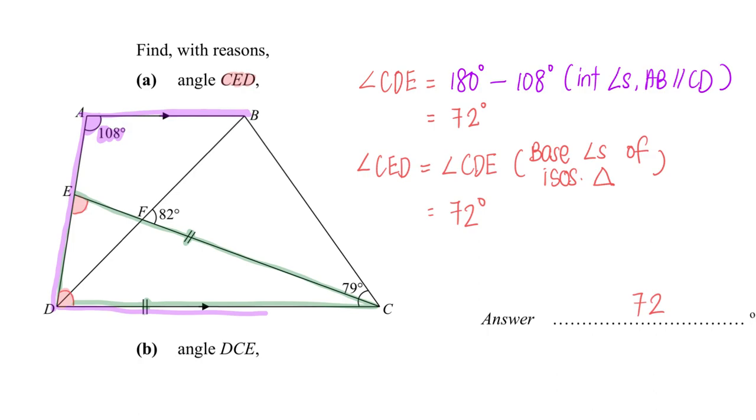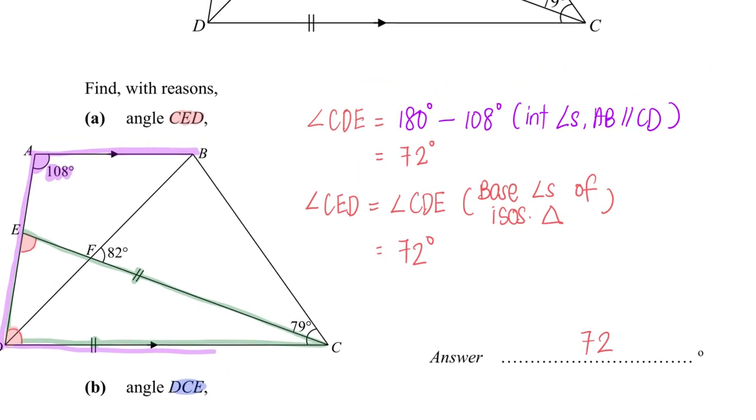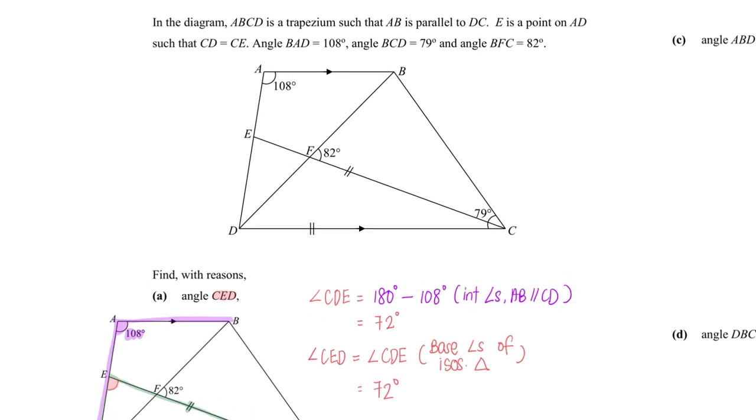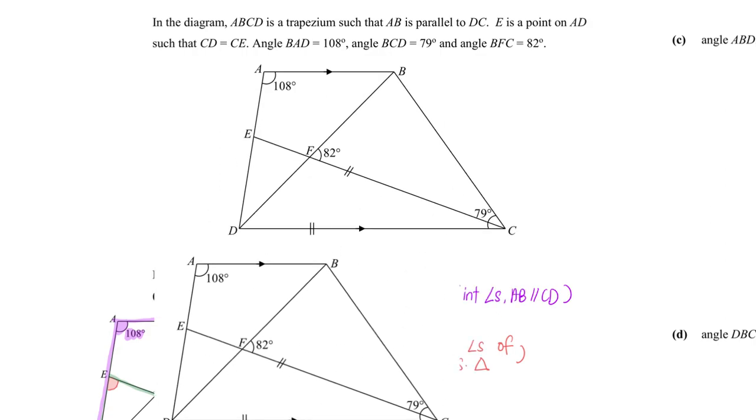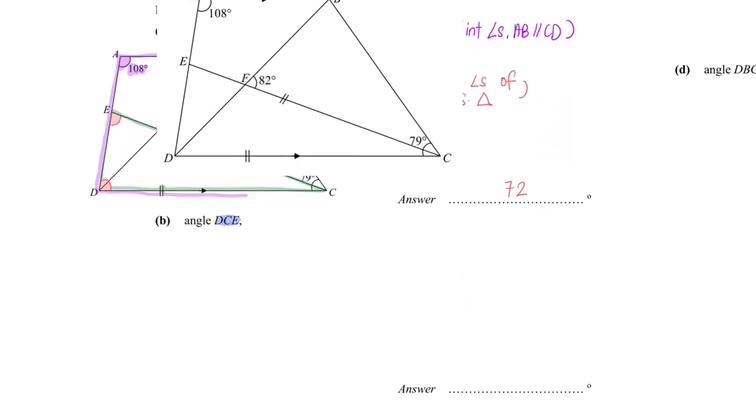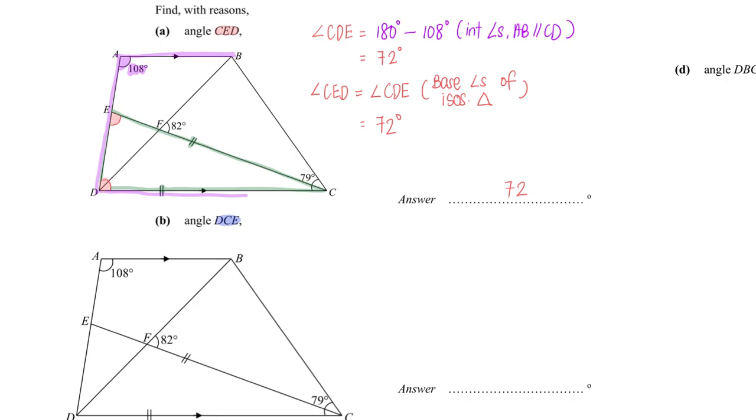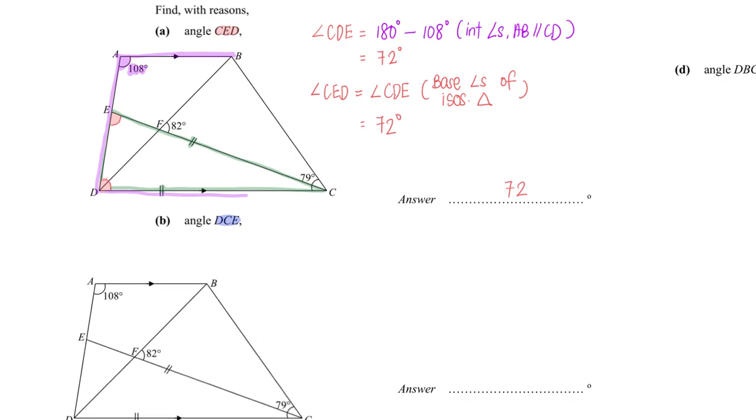Next question, we are required to find angle DCE. So again, I'm going to zoom out. I'm going to make a copy of this and this will help us to do this question easily.